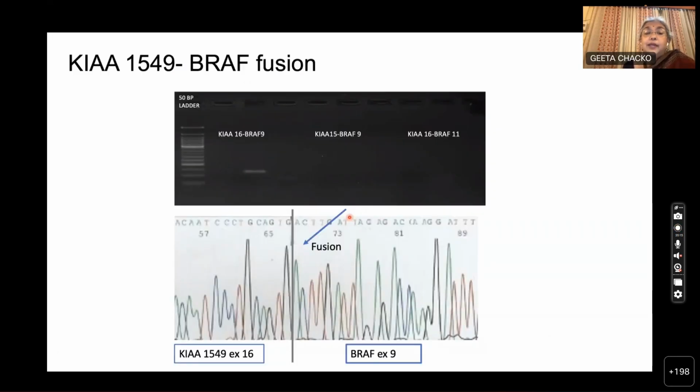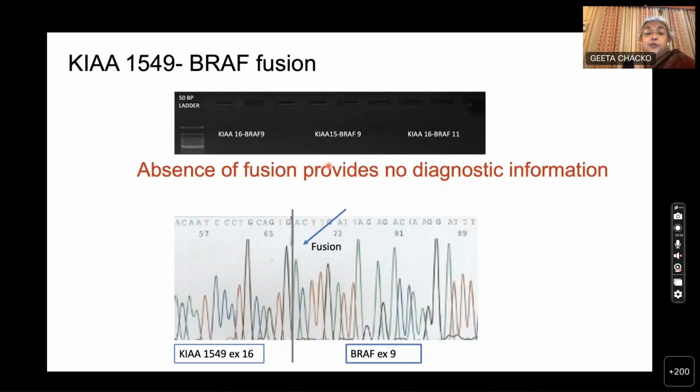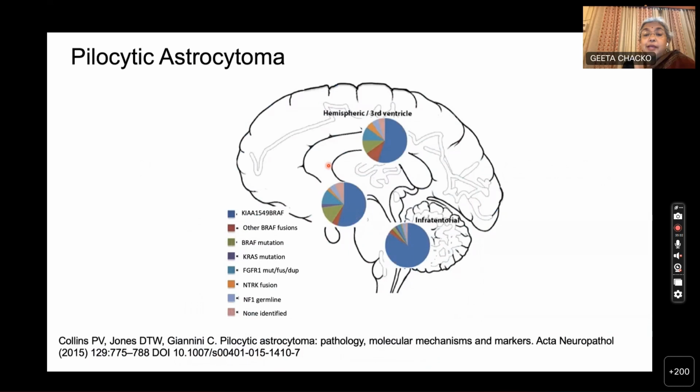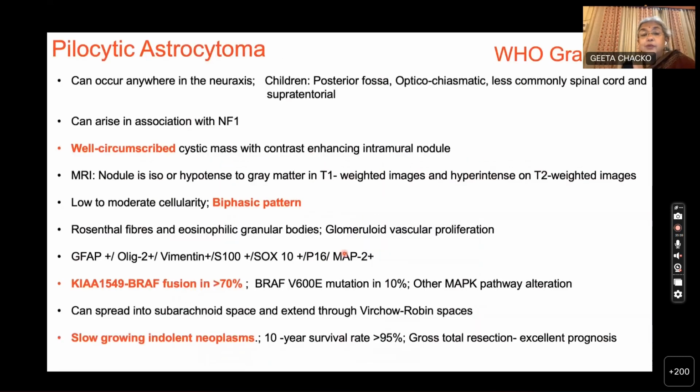You can also have other BRAF fusions. But if you don't see the fusion, it does not mean that it's not a pilocytic astrocytoma, because like I said here, there are other alterations that can be present in pilocytic astrocytomas.